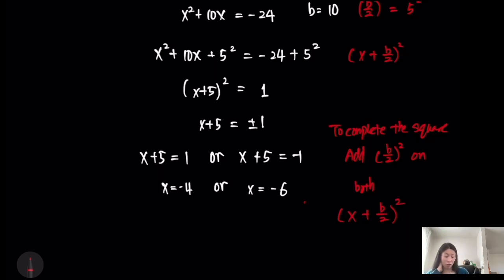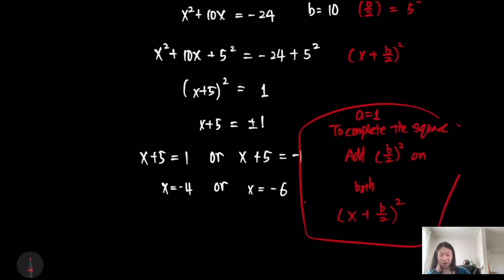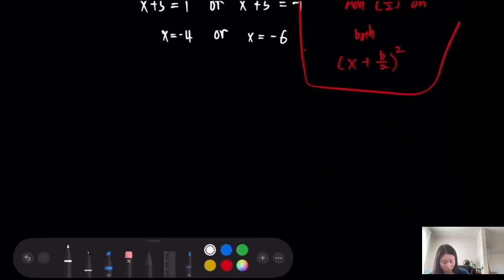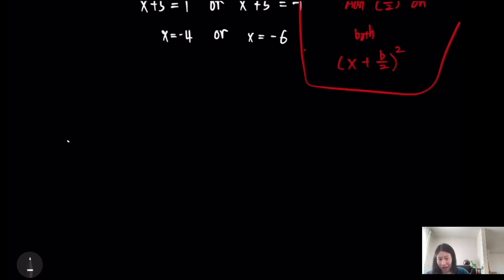But in order to do that, you want to make sure the coefficient a is equal to 1. So you want to divide on both sides by whatever coefficient they have, so that I can set a equal to 1. So here would be a good example for us to practice.